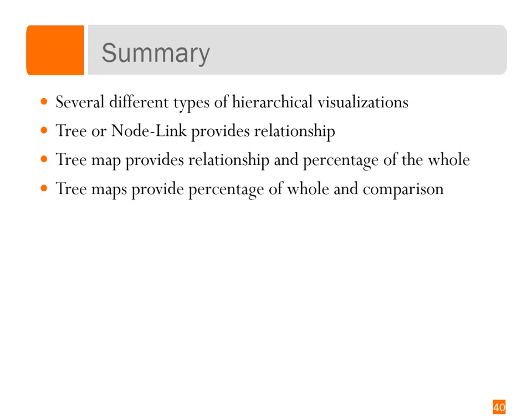So the tree map is a fairly sophisticated way. We can see categories and subcategories, and represent that spatially with area on the screen to know the relative difference between them. And tree maps in general are designed to provide a percentage of the whole in comparison of the different categories within.